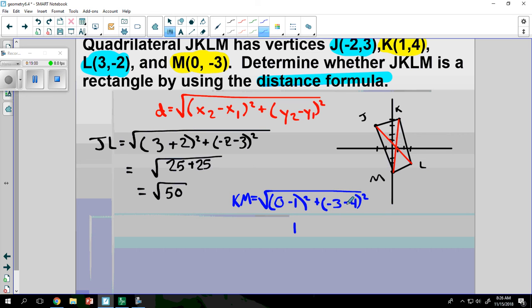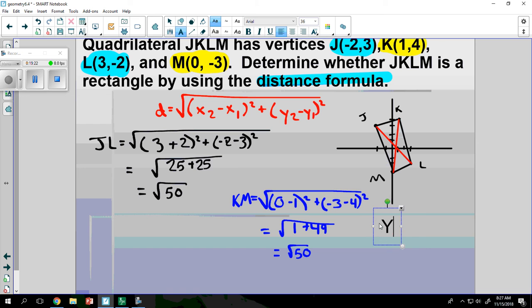Negative 3 minus 4 is negative 7. Square that and you'll get 49. And 1 plus 49 does again give me root 50. So at that point, I'm noticing that I got the same thing on both of them. So when it says determine whether it's a rectangle, if you get the same number for each diagonal, then yes, it is.